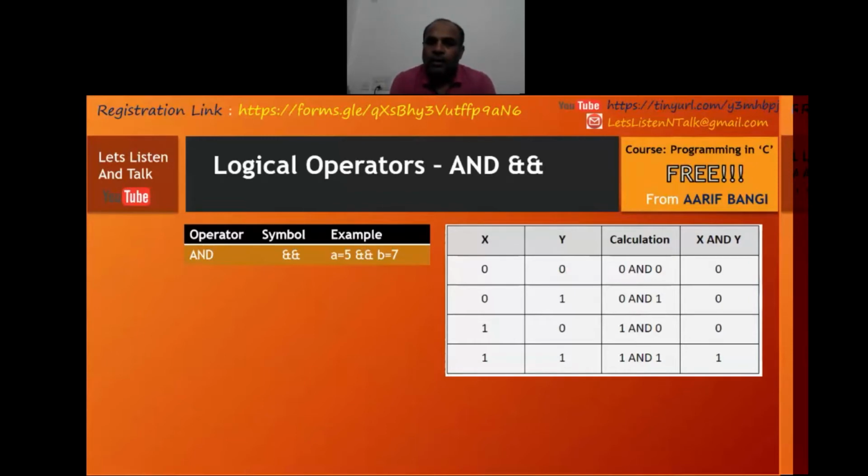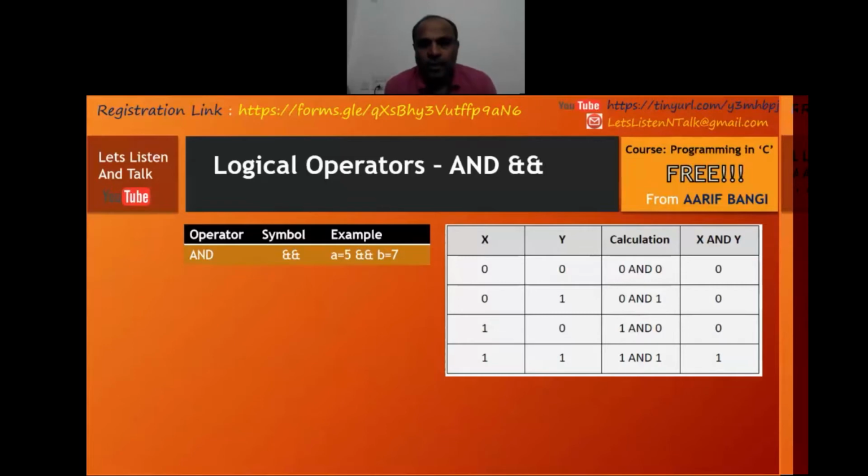In the third row, when x is 1 and y is 0, x and y evaluates to 0. Anything that is 0 is false, anything that is non-zero is true. You understand?